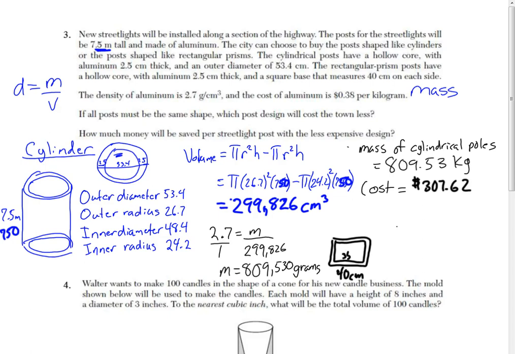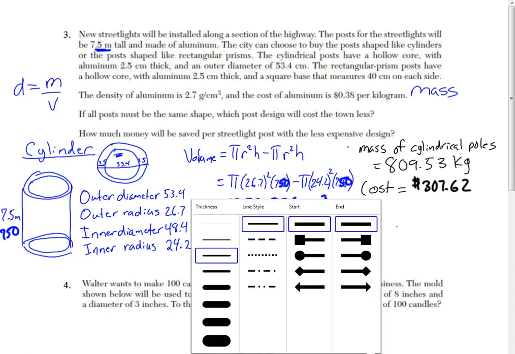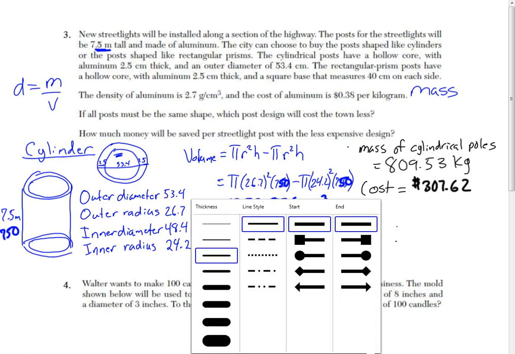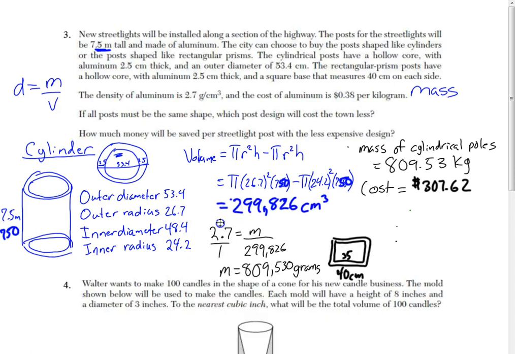This would be 35 centimeters across. So the volume calculation for this is a little bit easier. I'll do a different color, green here. So the volume here will be the length of the outer one, 40. Now it says it's square, so 40 by 40 by 750. 750 is the height. So this is length times width times height.